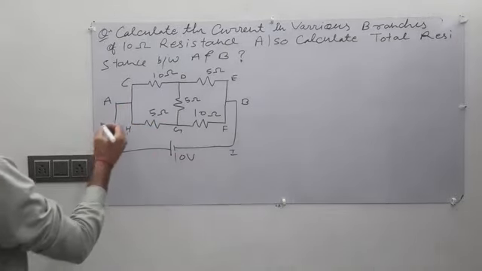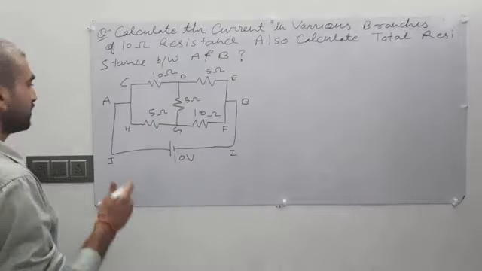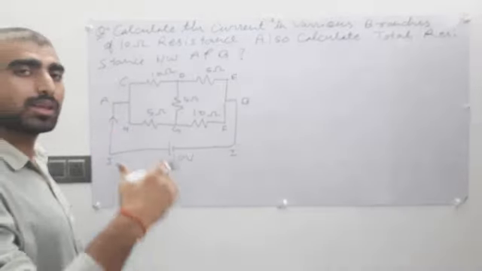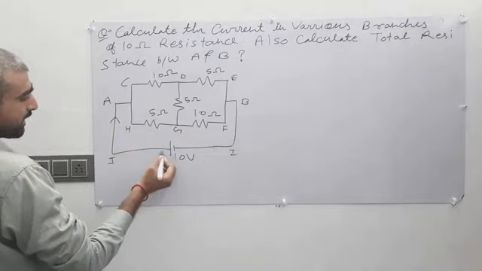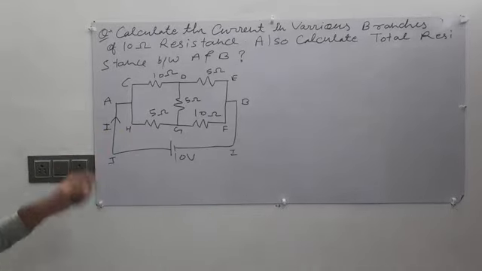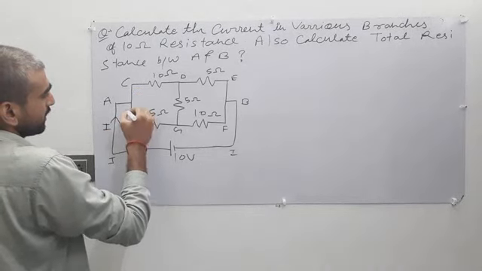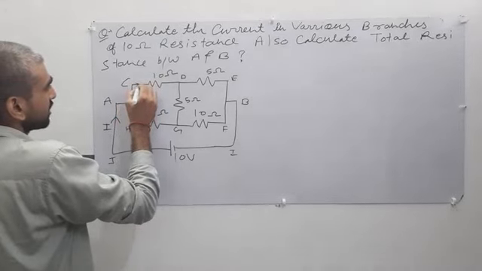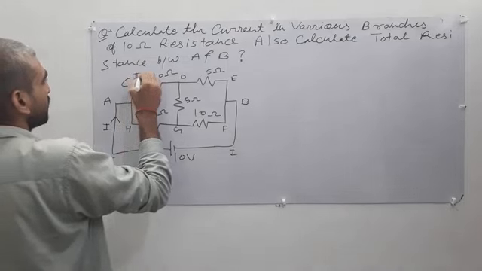Okay, so first of all, when this type of question arrives, you should draw your current pattern, meaning the current distribution pattern. A current from the 10 volt battery flows and is denoted by I. Now in this branch the current flowing is I2.